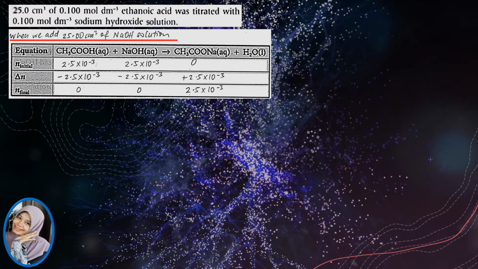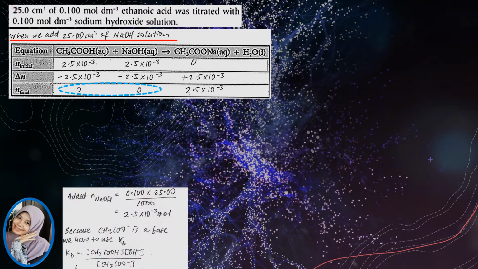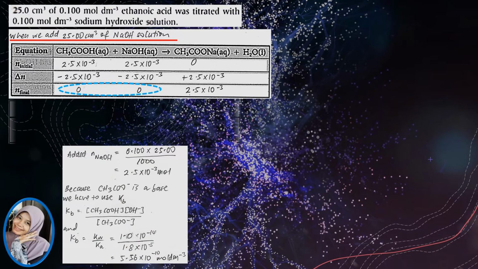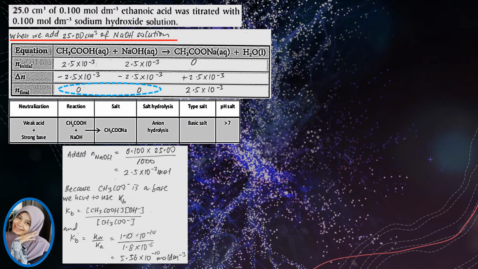Now, we will see when we add 25 cubic centimeters of sodium hydroxide into the ethanoic acid. At this point, we have exactly neutralized all of the acid with the base, and neither ethanoic acid nor sodium hydroxide are in excess. All ethanoic acid and sodium hydroxide have completely reacted, and solution contains sodium ethanoate salt. The anion CH3COO negative will undergo hydrolysis.